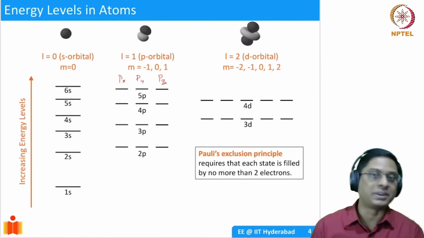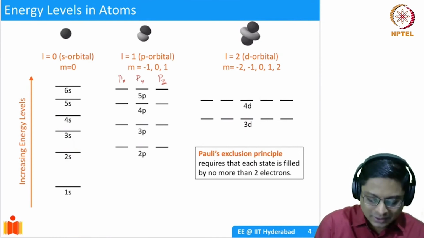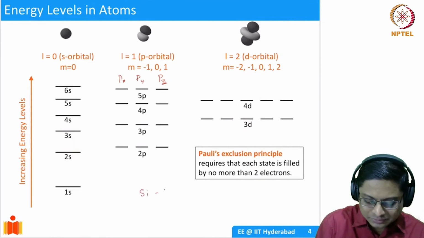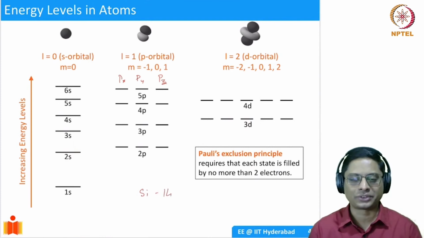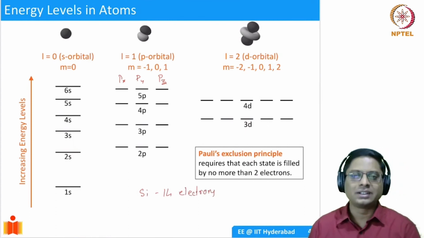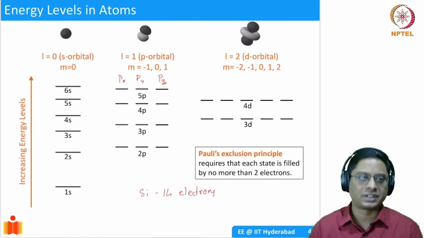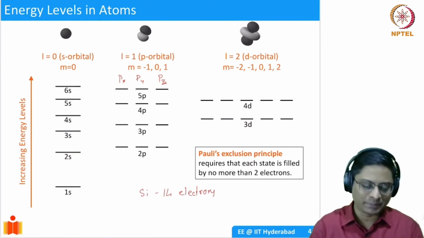So how does this help us? Well, take the example of silicon. Silicon has an atomic number of 14. That means it has 14 electrons. How are these electrons distributed? Well, we start filling the states from the bottom, because the bottommost levels have the highest probability of being filled.